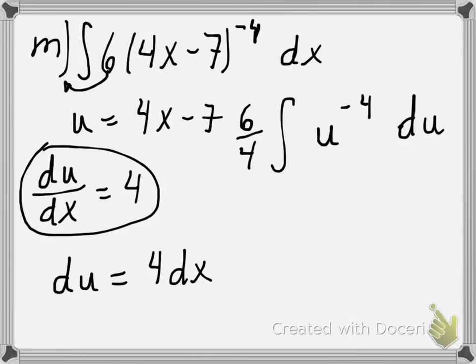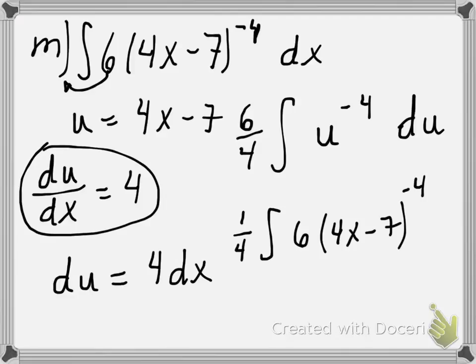That is to say, if I look back at the original function and multiply by 4 and divide by 4, so put a 1/4 out here, put my 6 and my 4x minus 7 raised to the negative 4, and then put a 4 dx here, nothing's changed. Because I've multiplied by 4 and I've divided by 4, that's basically doing nothing.